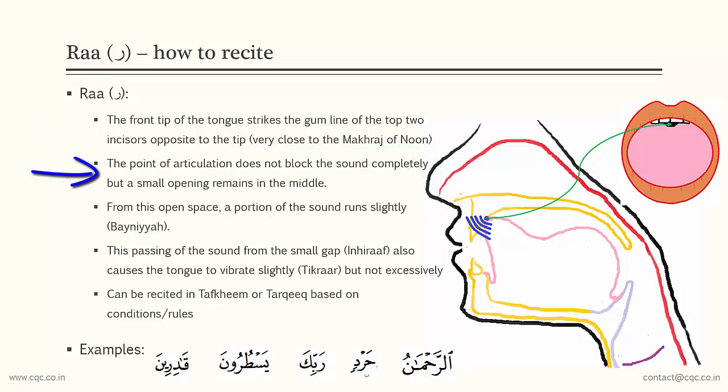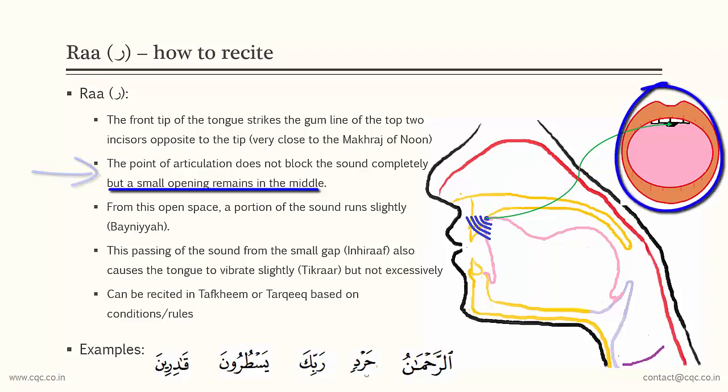At the point of articulation, where the tip of the tongue strikes the gum line of the top incisors, this point of articulation does not get blocked completely. But there is a small opening that remains in the middle, as can be clearly seen from this diagram. And now from this open space, a portion of the sound runs slightly, giving this letter many of its characteristics, such as bainiyah and inhiraf, which we will study in much detail later, inshallah.